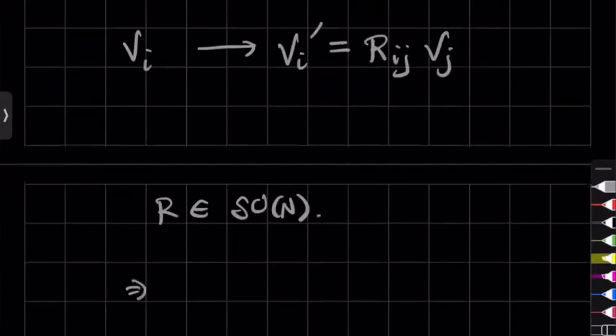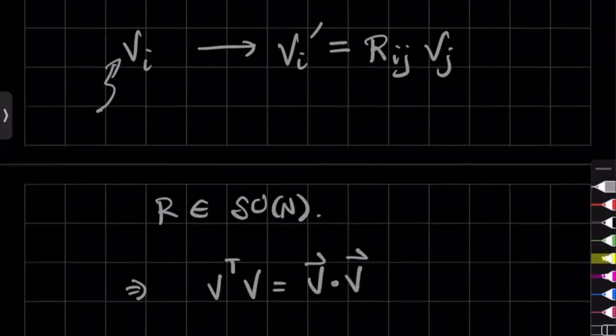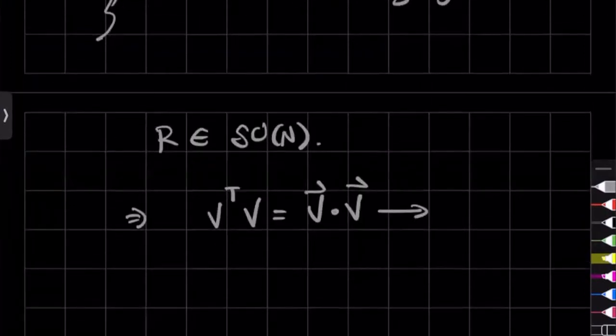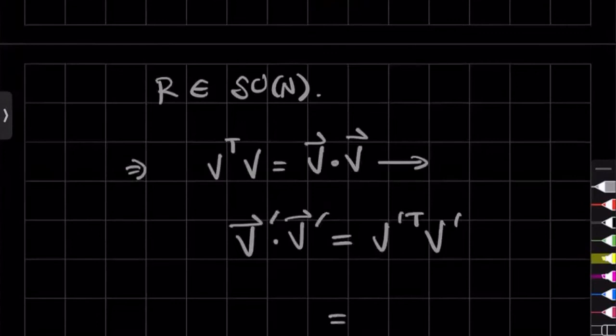And if I write the inner product of this with itself, the dot product, V transpose V, or you can write it as V dot V, that thing under the transformation becomes V prime transpose V prime, and it remains unchanged. Okay? So far, everything should be clear. If it's not, you should speak up.